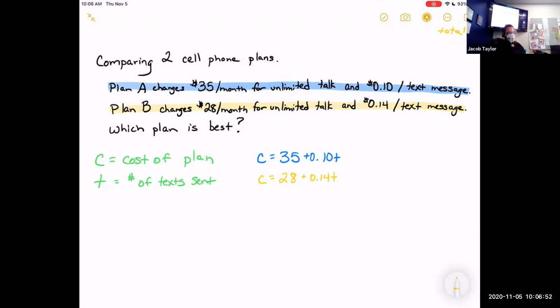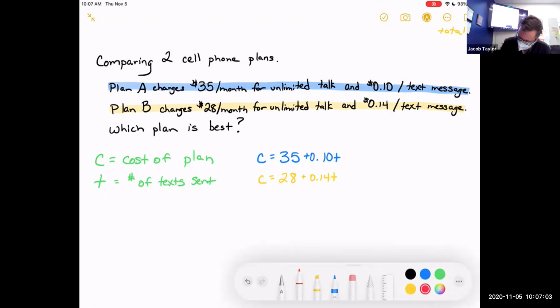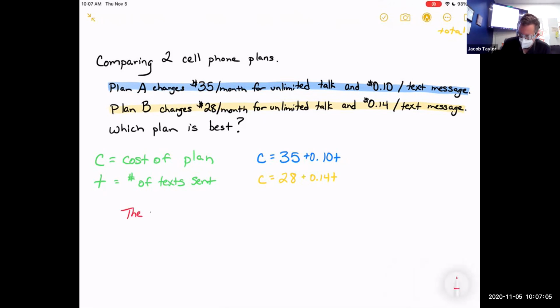So if I were to graph this and find the intersection, what would it tell me? The intersection will tell me what? I'm not even going to tell you what the answer is.